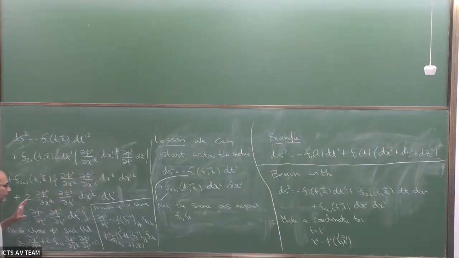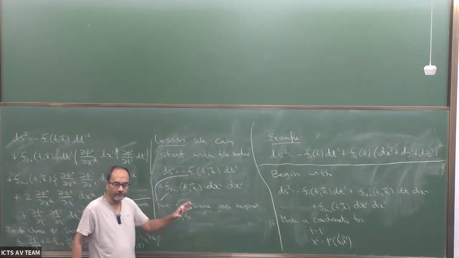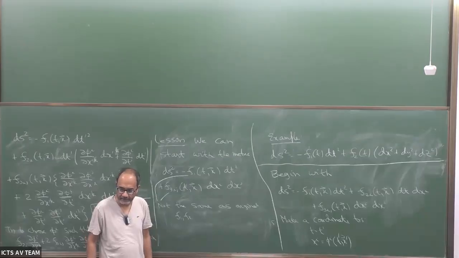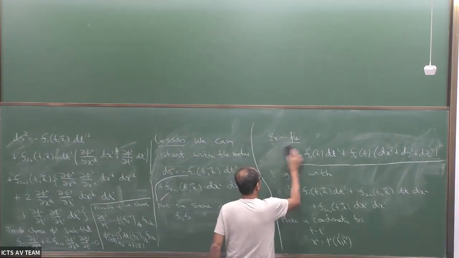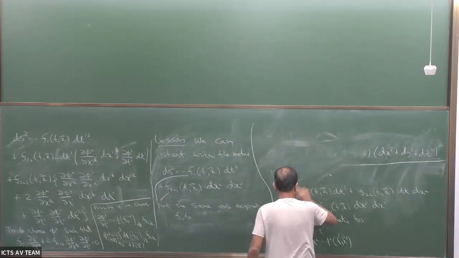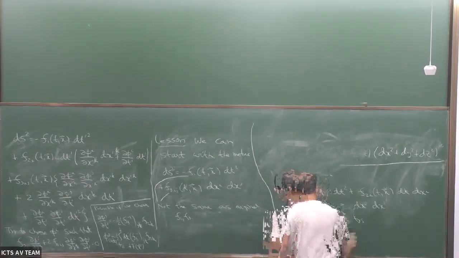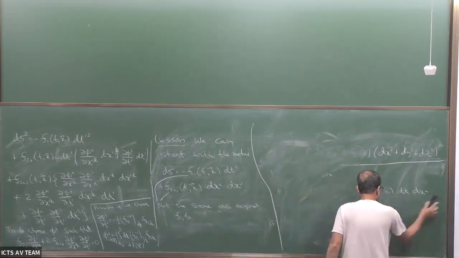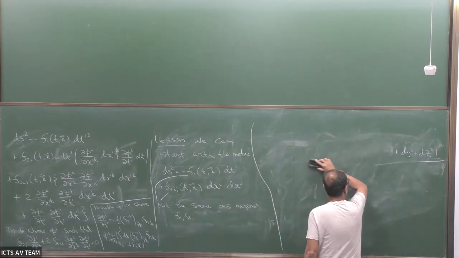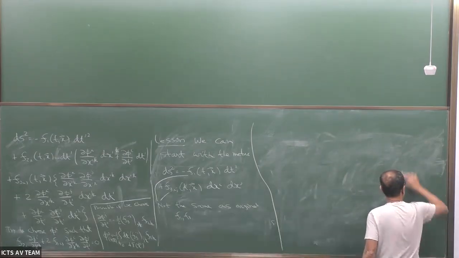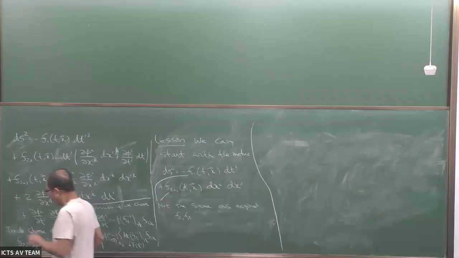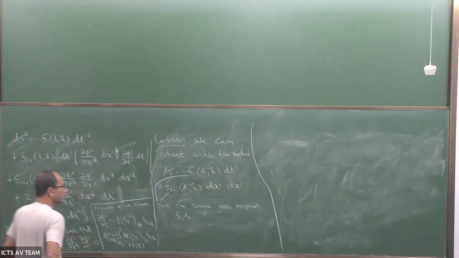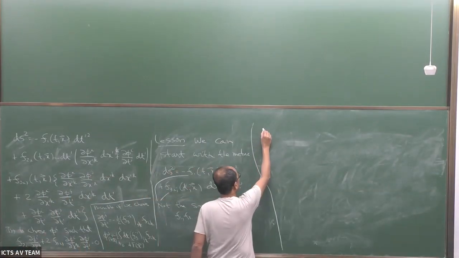So with this, I'm now going to give the definition of what we mean by homogeneity and what we mean by isotropy. What is the formal definition of homogeneity? So homogeneity.